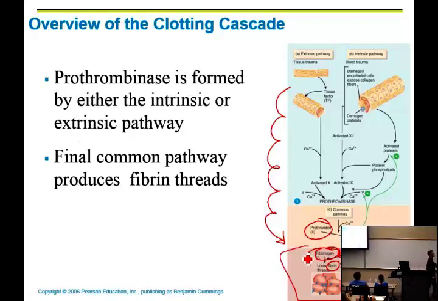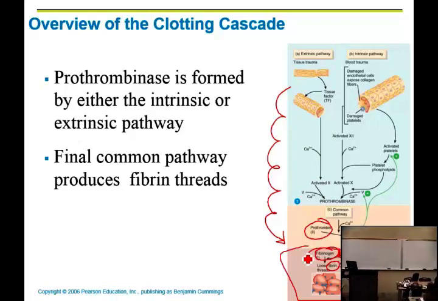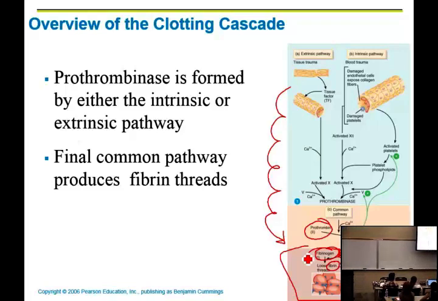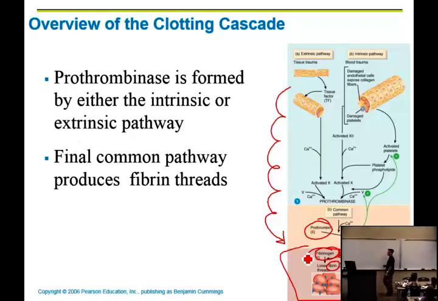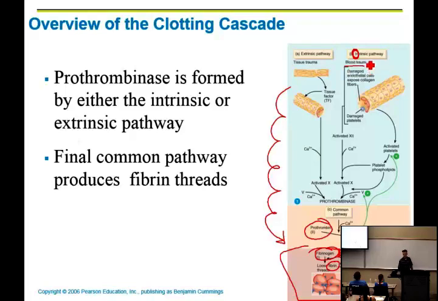But what you'll see in this figure is there's actually two different ways that we can get to this endpoint where fibrin is activated. One is called an extrinsic pathway that you see along the left, and the other one is called the intrinsic pathway that you see along the right. The intrinsic pathway is trying to form a clot inside of the blood vessel itself.